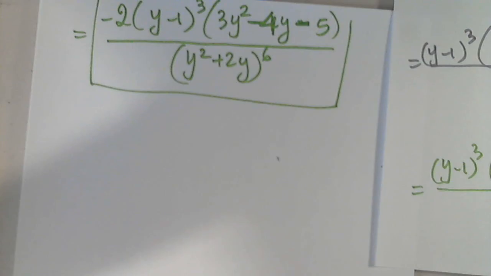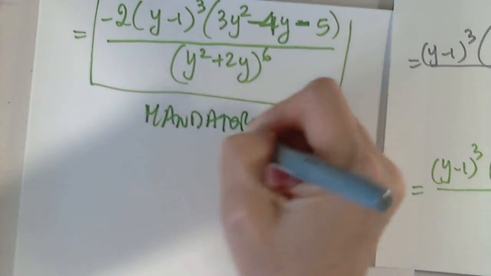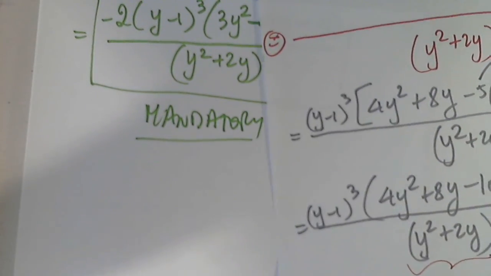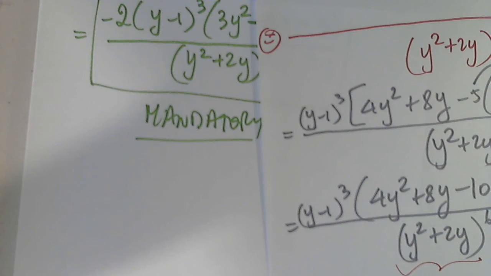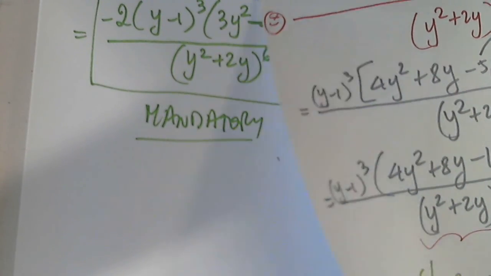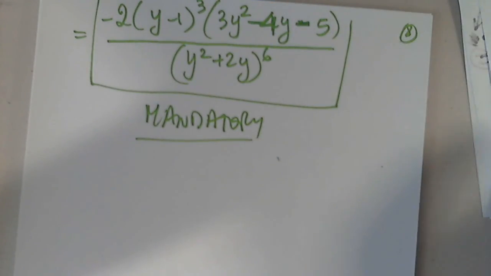These are mandatory, absolutely mandatory. Okay. It would not ask you to simplify this far if it's way more complicated than this, with rational, with fraction, with radicals inside fractions and stuff like that. But yes, this is absolutely mandatory. That's why I did that all the way. Okay. Yeah, absolutely mandatory.